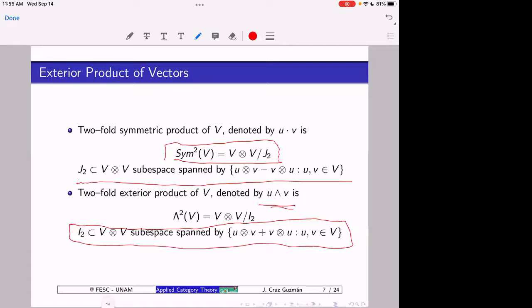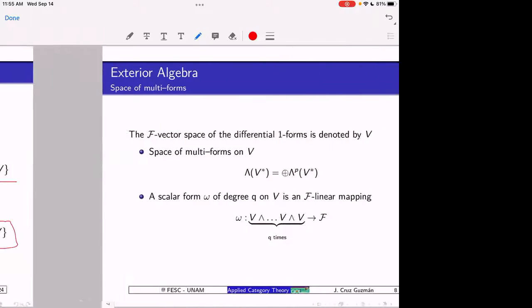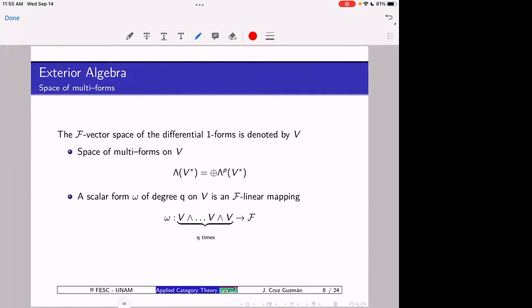Then we have enough elements for going up and down in the degree of the multivectors with these two products that are part of the algebra. Okay. Then in the next, now we have multiforms, and those are defined in the dual.